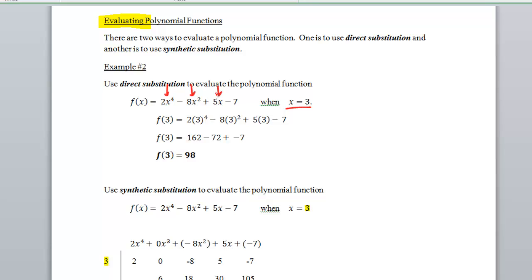So we can see here in this problem that we have evaluated f of 3. Now what I'm going to suggest to you, and this is important, get in the habit of doing this entire step with your calculator. That'll allow you to skip straight down to this part.